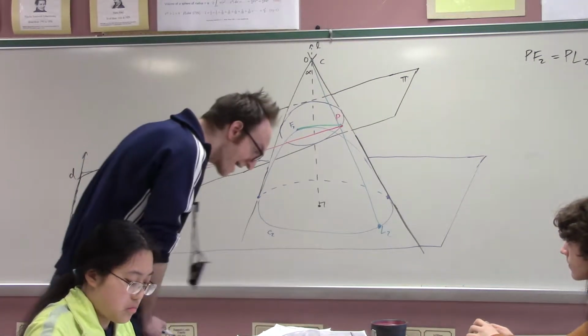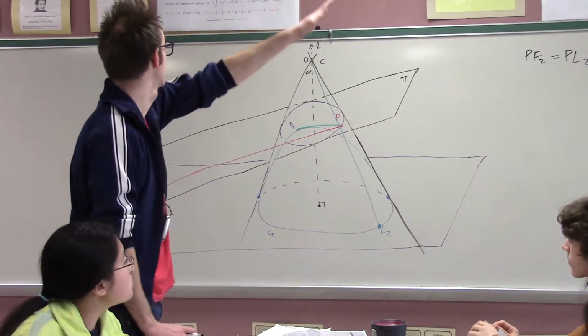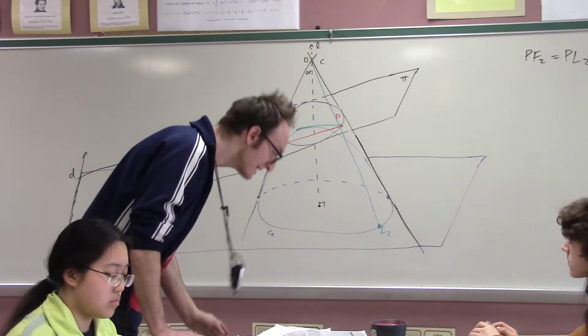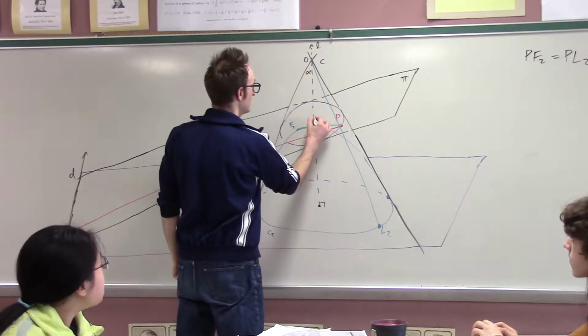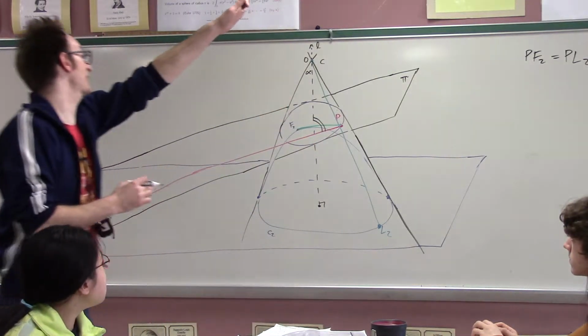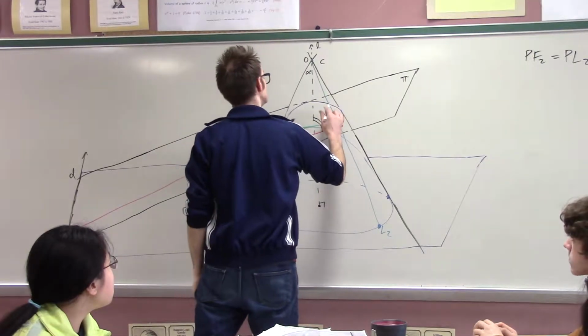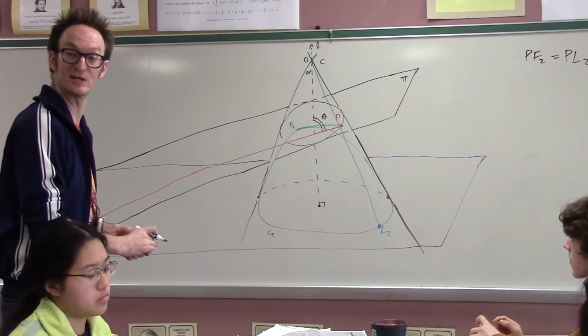Additionally, we have that this plane pi meets the axis at some kind of angle, and in particular, this angle is the angle that the plane pi makes with the axis. We've been calling that theta. Cool? Okay, because theta has something to do with eccentricity, right?